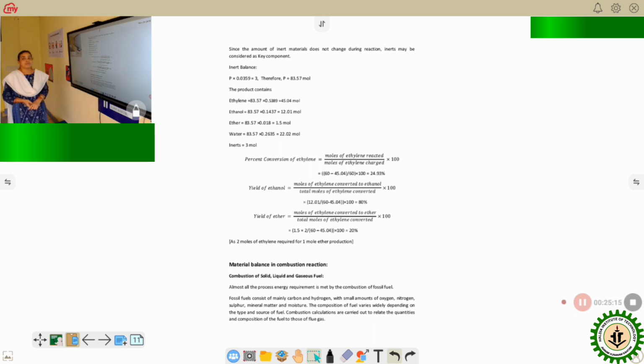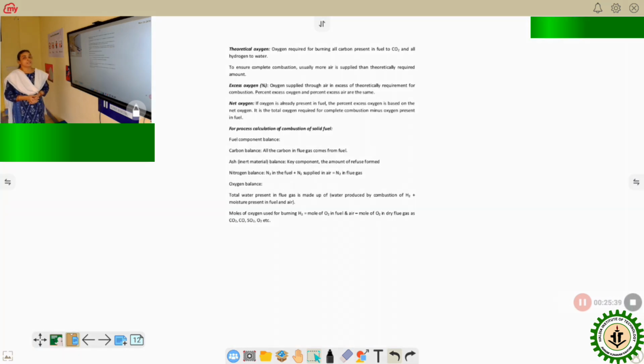The composition of fuel varies widely depending on the type and source of fuel. So combustion calculations are carried out to relate the quantities and composition of the fuel to those of the flue gas.